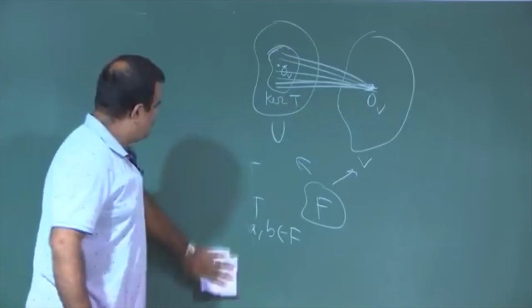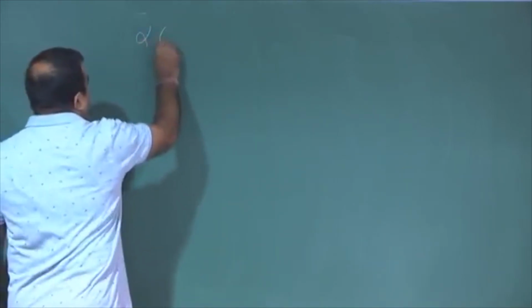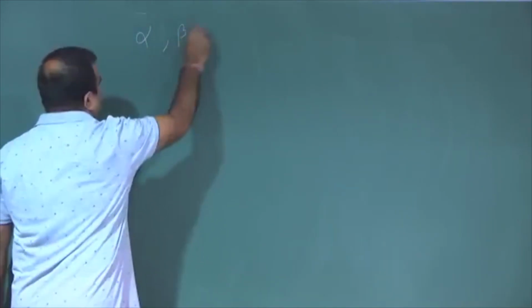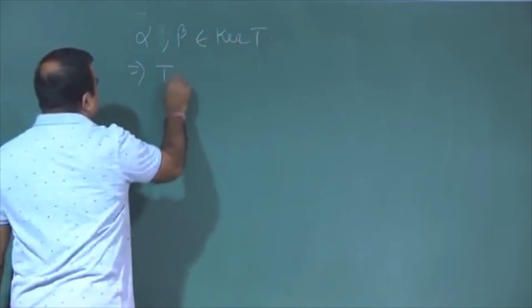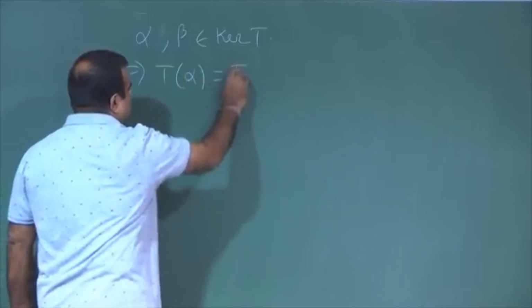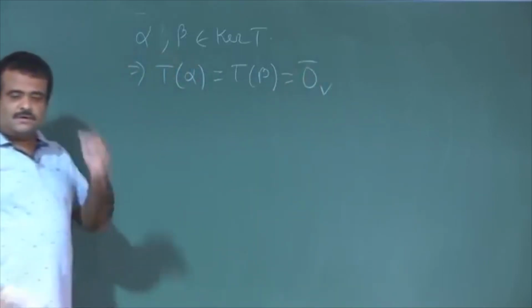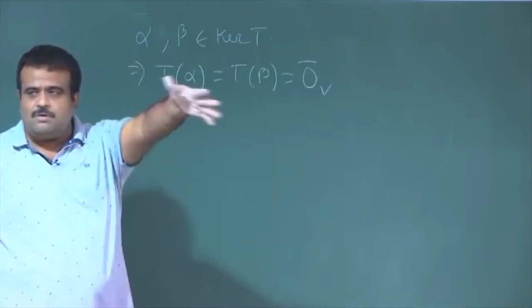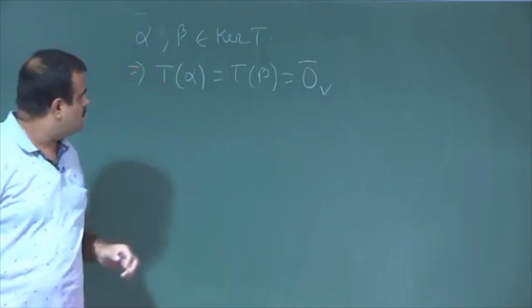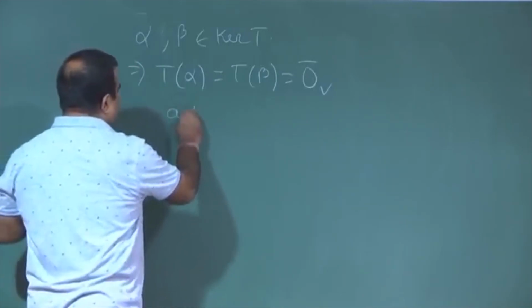So, we take alpha, beta from the kernel of T. This implies T alpha equals T beta equals 0, they are mapping to the 0 vector of V. That is the definition of kernel. Kernel consists of all the vectors in U which are mapping to the 0 vector of V. Okay. So, now we take a alpha plus b beta.